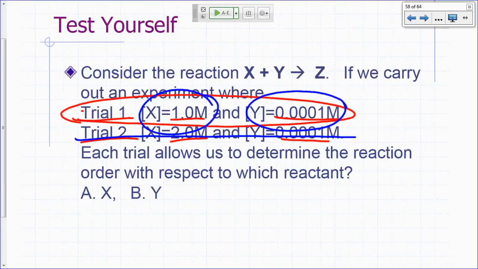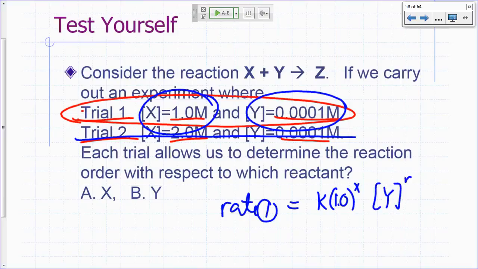The rate law for trial 1 would be rate equals k times 1.0 raised to the power X times the concentration of Y raised to the power Y. This whole thing appears to be constant during that trial. That's an apparent constant.